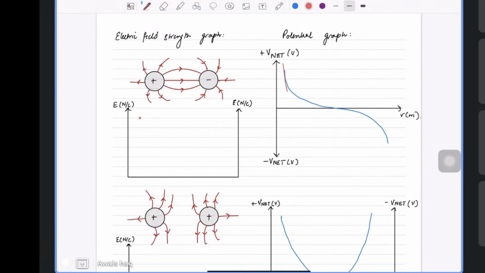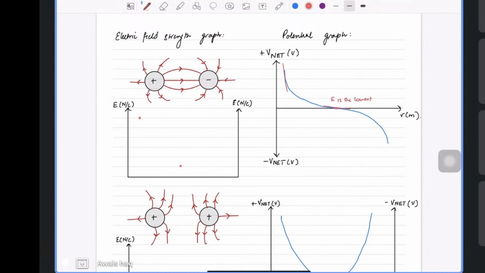And then at this point, right in the middle, the gradient is the shallowest, the least steep, so this point will be right at the bottom, because the electric field strength at this point is the lowest.